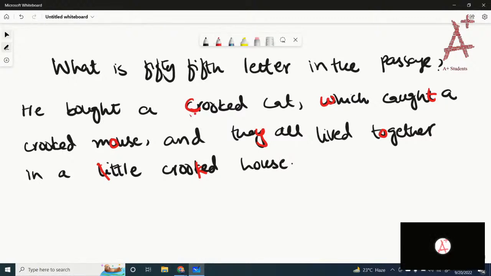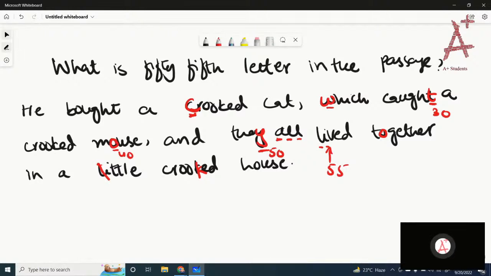So this is the 10th position. This is then the 20th position because 10 plus 10 makes 20. Then 20 plus 10 makes the 30th position. This red is at the 40th position and Y is at the 50th position. You have to find the 55th. So count up from 50 by counting 5 black letters: 51, 52, 53, 54, and 55. So I is at the 55th position.